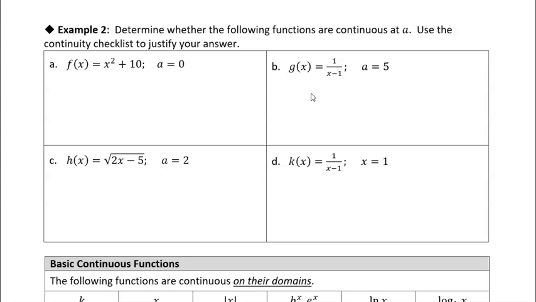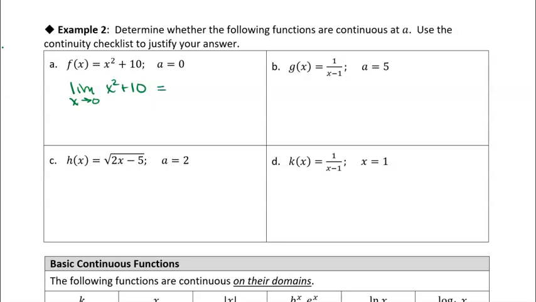All right, so in the first part A, we have f of x equals x squared plus 10, and a is equal to 0. Okay, so we want to look at, is this function continuous at x equals 0? All right, so what's the limit? The limit as x approaches 0 of x squared plus 10, what is that limit?